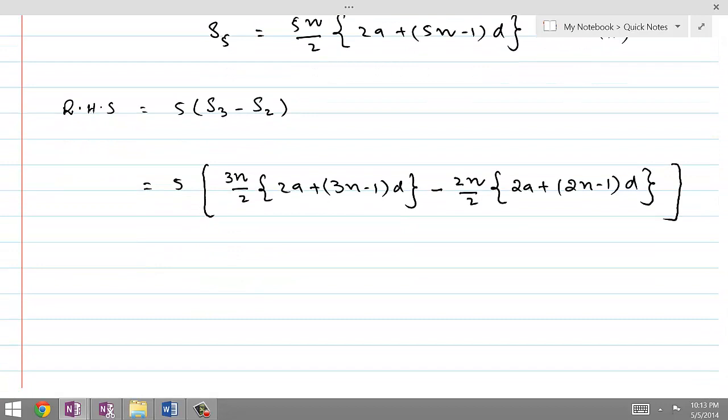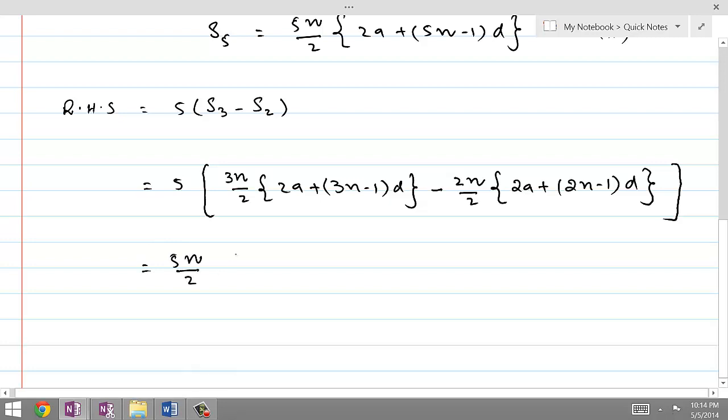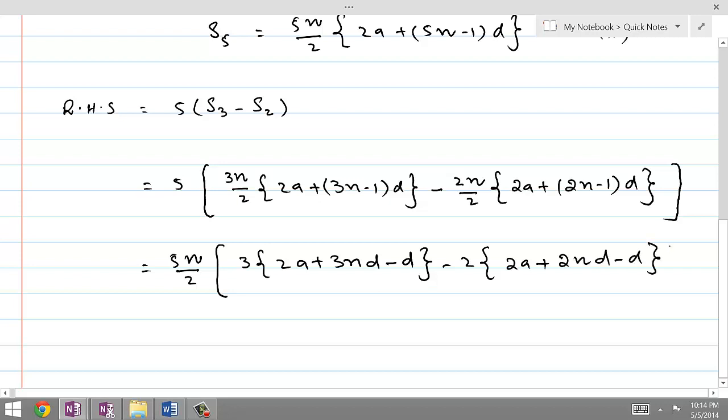If we take n by 2 common from both parts of the expression, this will give us 5n by 2 outside, and inside we'll have 3 times 2a plus 3nd minus d, minus 2 times 2a plus 2nd minus d. And let us close the bigger bracket.